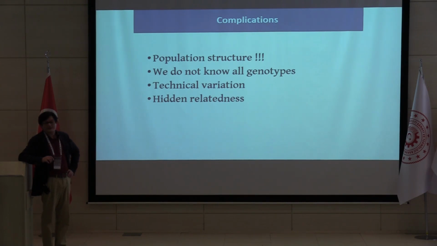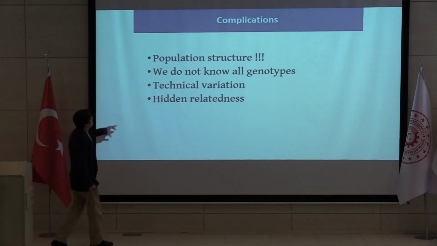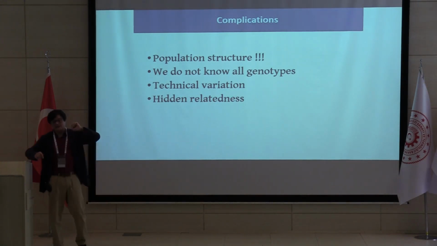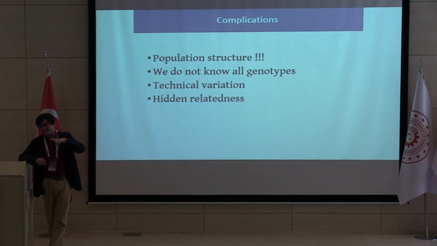So the reason this is a problem: we discussed yesterday that the bulk of common genetic variation is shared across populations. However, frequencies are not exactly the same. So what's happening is, if I'm looking at one population, I'm trying to detect the signal, right, and my sample is actually mixed.